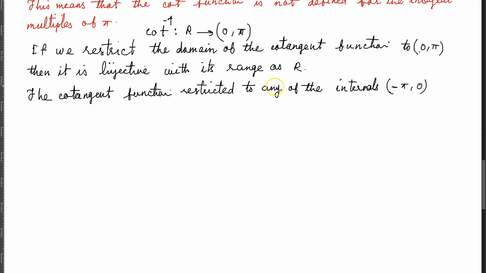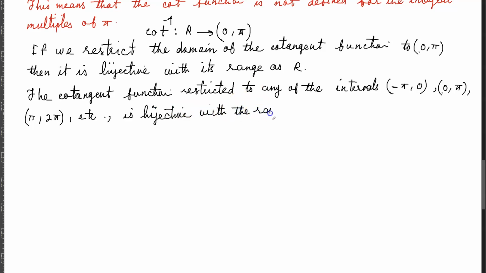So the cotangent function restricted to any of the intervals negative pi to 0, or 0 to pi, or pi to 2 pi, etc., is bijective with the range R, right?